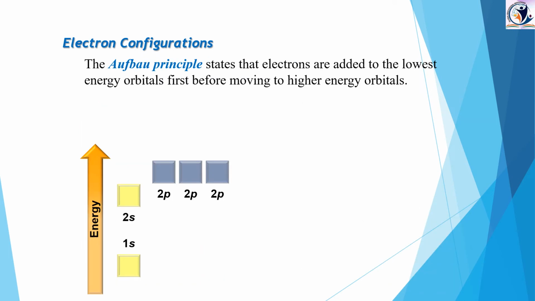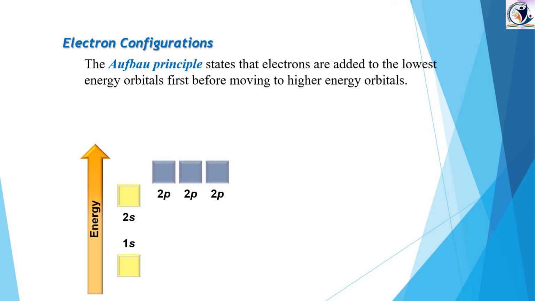Okay, let us practice with some more examples. Before that, let us see the next arrangement. Why is it so? The Aufbau principle states that electrons are added to the lowest energy orbitals first before moving to the higher energy orbitals. I showed you the calculation of the energies of the atomic orbitals previously: 1s has the energy value 1, 2s has 2, 2p has 3, and 3s has 3.